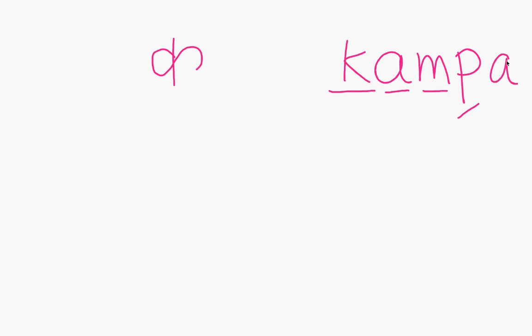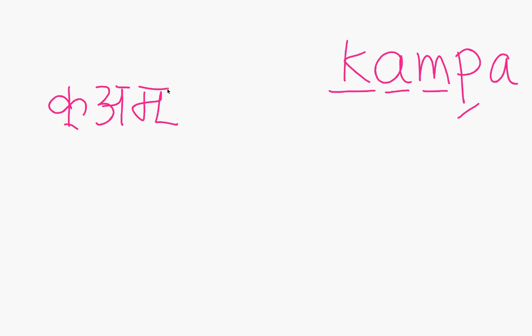The same thing we can write in Devanagari like this: the K consonant, then the A swara, the Ma consonant, the Pa consonant, and a swara. Together the word should be pronounced as Kampa.